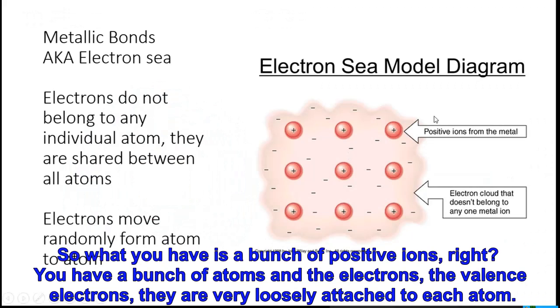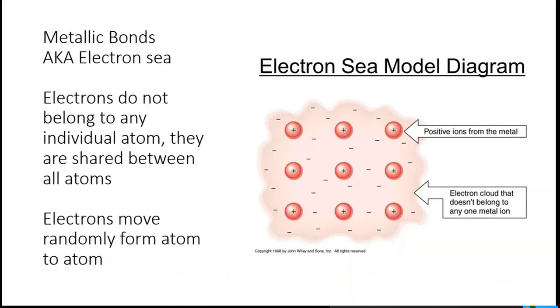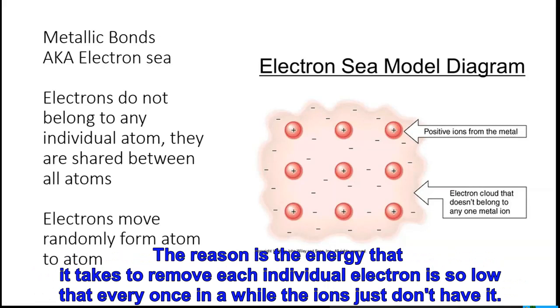So what you have is a bunch of positive ions, a bunch of atoms. And the valence electrons are very loosely attached to each atom. The reason for that is the energy that it takes to remove each individual electron is so low that every once in a while, the ions just don't have them.